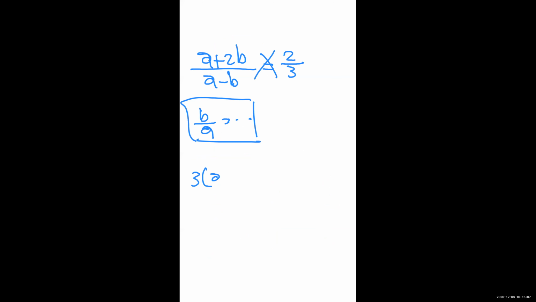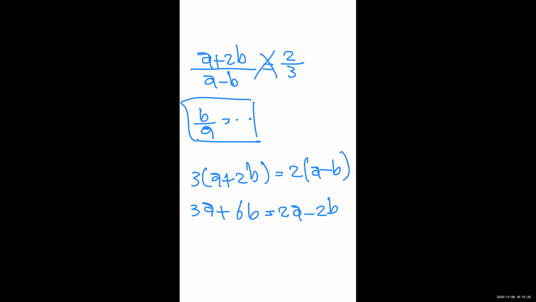So 3 times a plus 2b equals 2 times a minus b. So 3a plus 6b equals 2a minus 2b. Now 2a to the other side with different sign. So 3a minus 2a equals a. Then 6b to the other side with negative sign. So negative 2b minus 6b, so negative 8b.